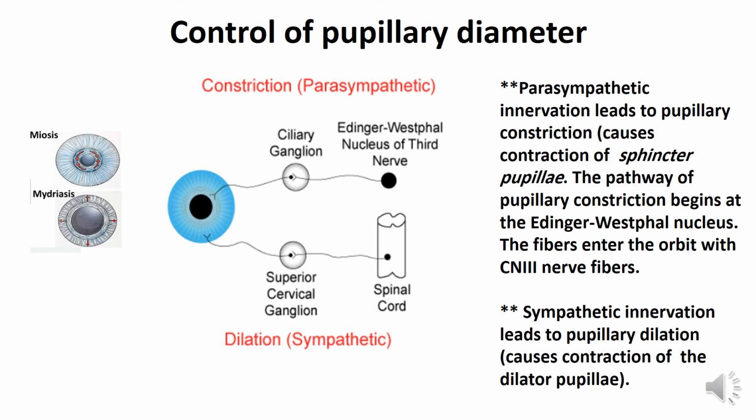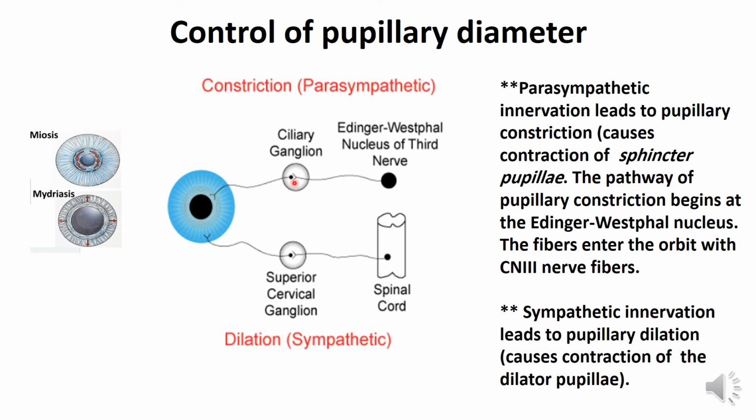The control of pupillary diameter is an active process, done through contraction of muscle, as we have seen in the previous slide. We have two sets of muscles, one dilator, one constrictor. The constrictor muscle is supplied by parasympathetic fibers.